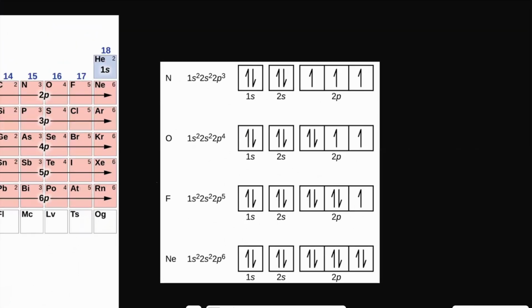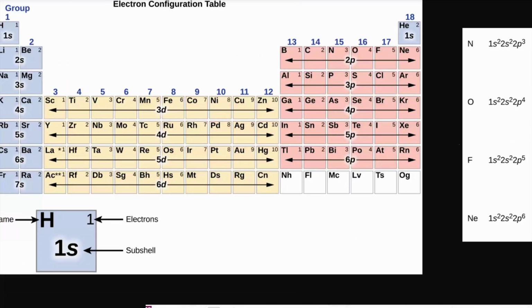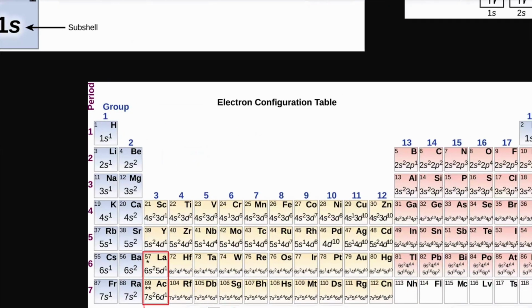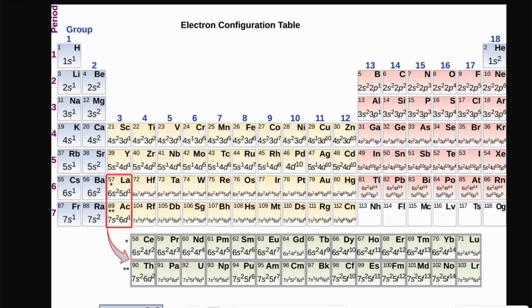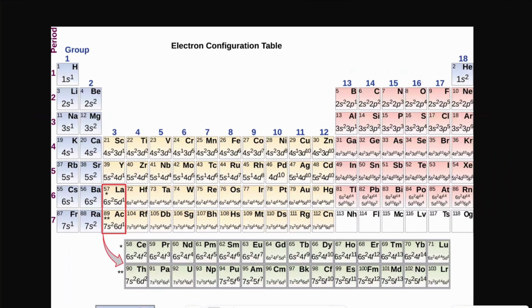So before we wrap up, let me go down to this periodic table here just to point out a few of the exceptions to the electron configurations that the MCAT expects you to know. As we had mentioned, once the 3p orbital is full, right here in the third period, which is the third row, we will fill the 3p orbital once we reach argon.